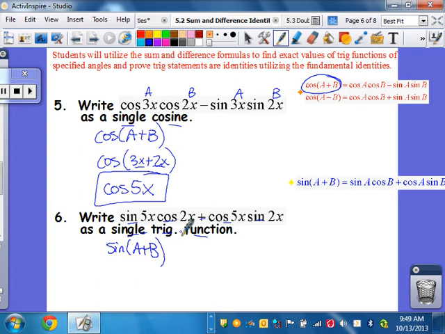That's the single trig function. So here's my A, here's my B. So I know I'm adding them. I know it's going to be 7x in the end. So whether you write it as sine of 5x plus 2x, and then we go sine of 7x. So if I say write it as a single trig function, I've given you the formula. You now need to go find out which one it is, and then simplify down. Okay?